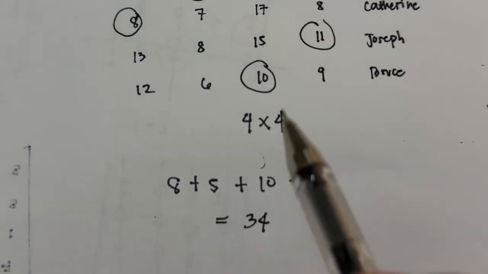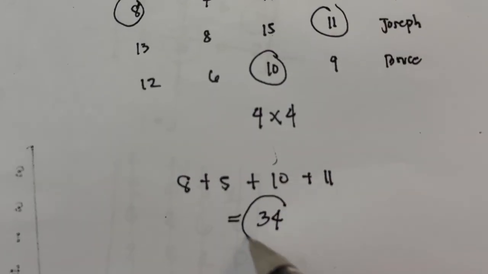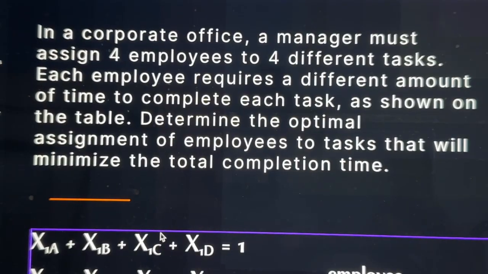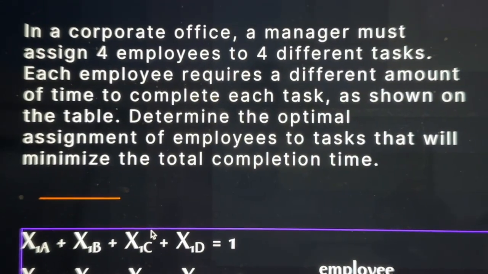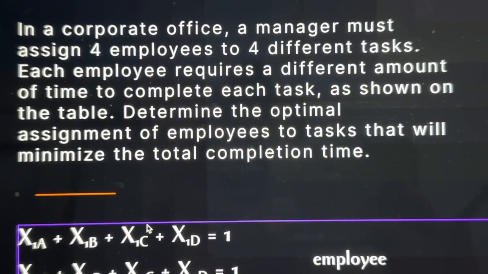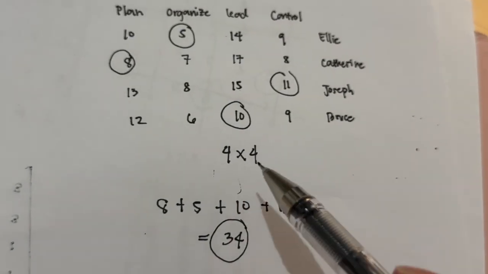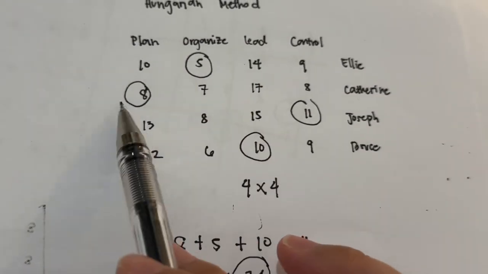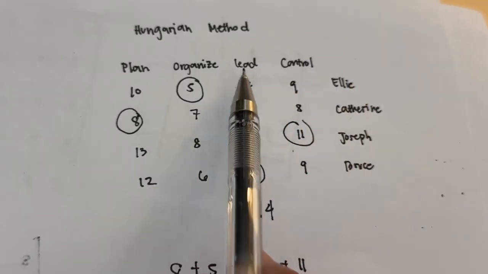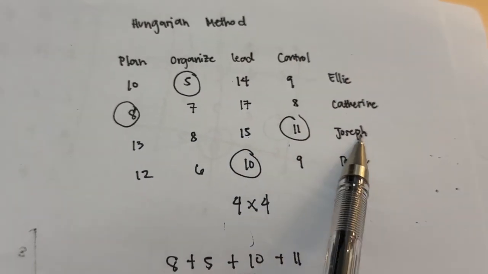So now we know that the lowest total number for here is 34. Again, our objective is to determine the optimal assignment of employees to minimize the total completion time. The lowest completion time we get is 34 if we follow this combination. So planning goes to Catherine, organizing to Ellie, leading to Bruce, controlling to Joseph.